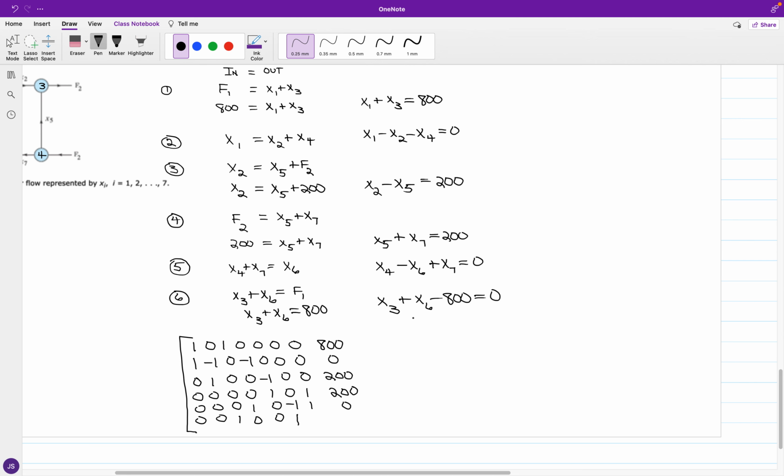I don't know why I moved the 800 over. We have x of 3 plus x of 6 is equal to 800. We're just kind of taking what we have for visual purposes.